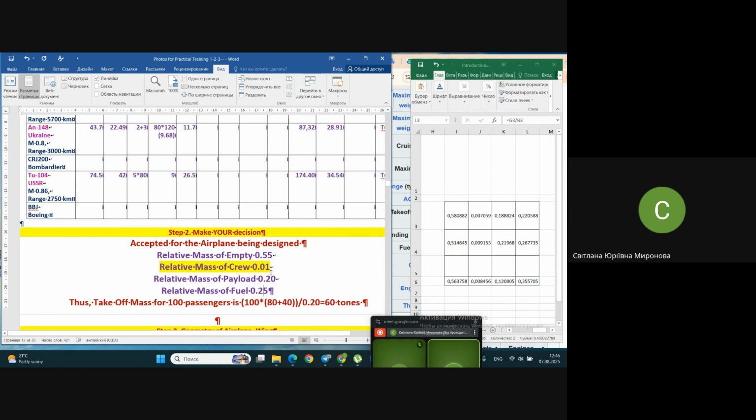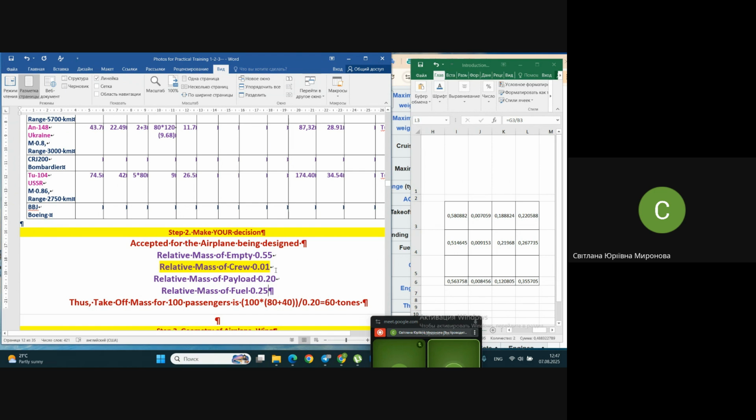Crew is 1%, 20, 25, and I hope you already have noticed some important problem. What is the important problem, people? Now I have 101%. Yes? Altogether, it should be not approximately, but exact value 1.